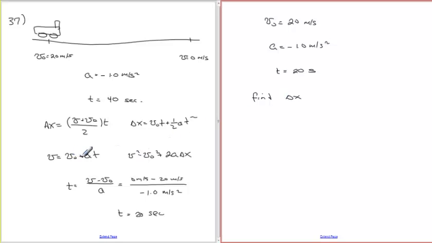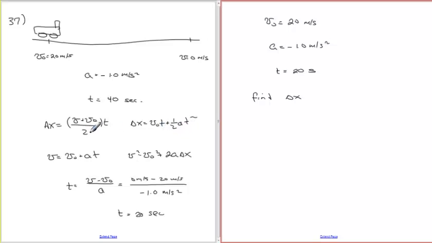So which equation uses this and that? Well, this one doesn't have delta x. This one has delta x, but we can't find it. Well, I guess you could use that one. Let's see why not. We could also use this one directly.